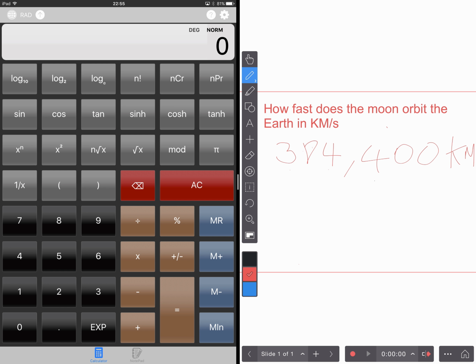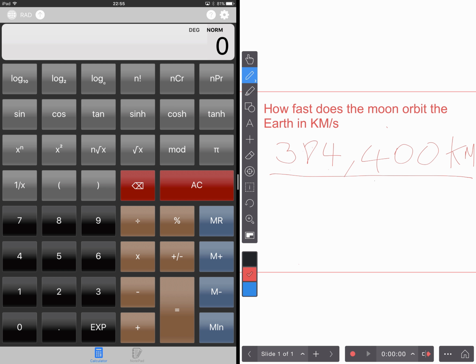Basically, that's the radius. So if we plug that into our calculator, we should be able to work out how far the moon travels when it orbits the Earth.